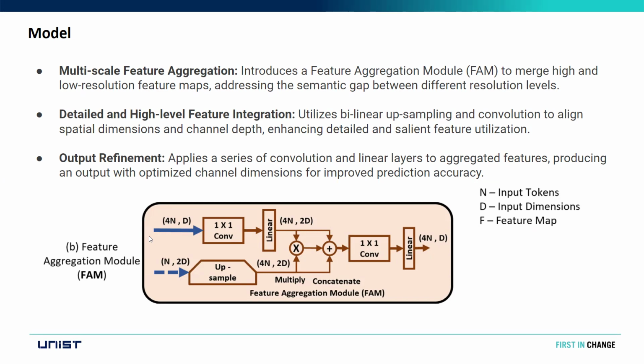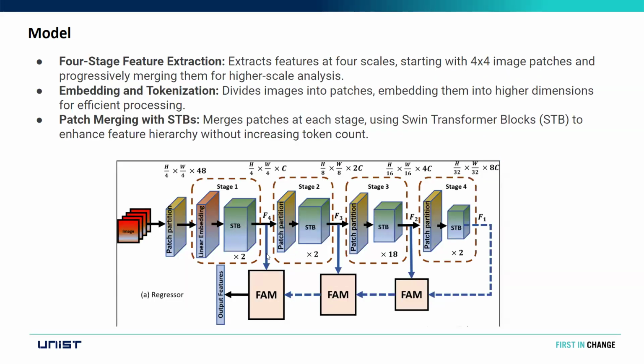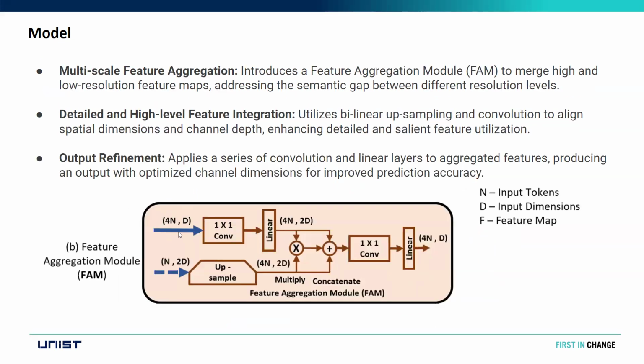So when we try to aggregate the output from stage 1 and stage 4, the spatial dimension is not equal. So in order to match the spatial dimension, from the output of stage 1 to stage 4, they use bilinear upsampling. The reason they use bilinear is they're trying to upsample in 2 dimensions.